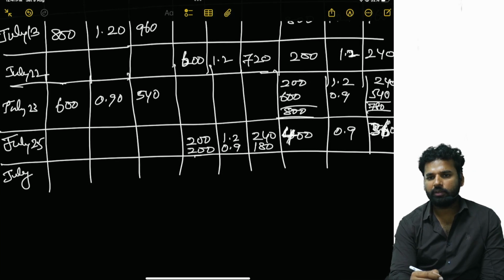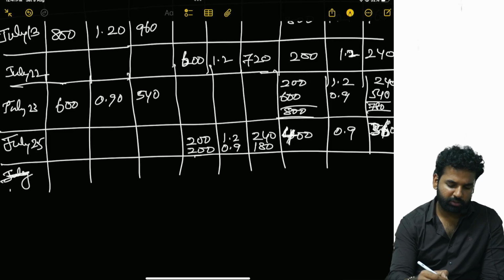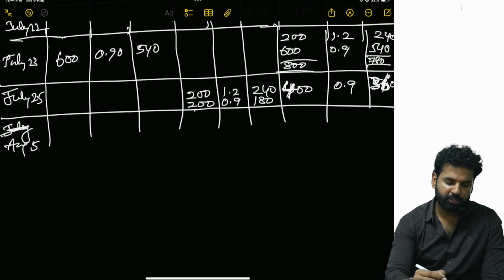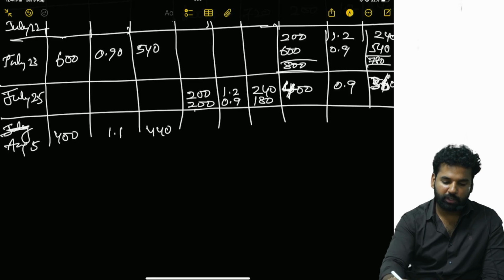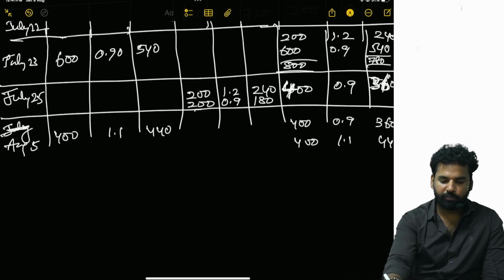Next, August 5th. What happened on that day? Purchase. How many? 400 units purchased at rupees 1.1, 440 rupees. So that means closing will be 400 into 0.9, 360, and 400 into 1.1, which is 440, which is totally 800.